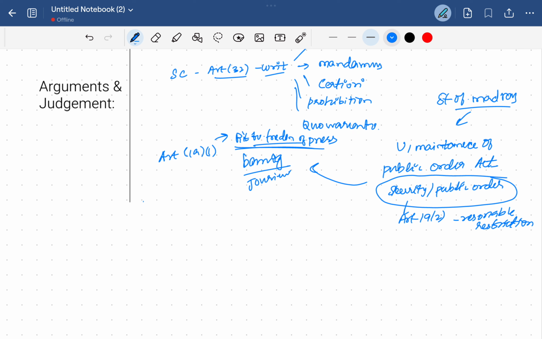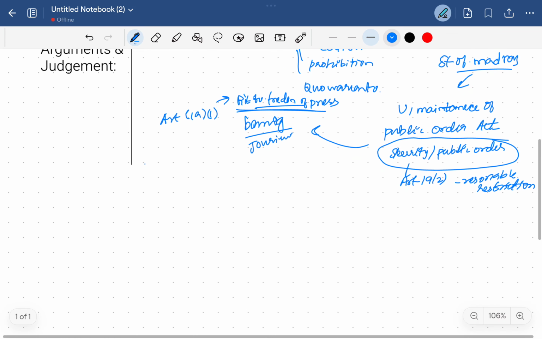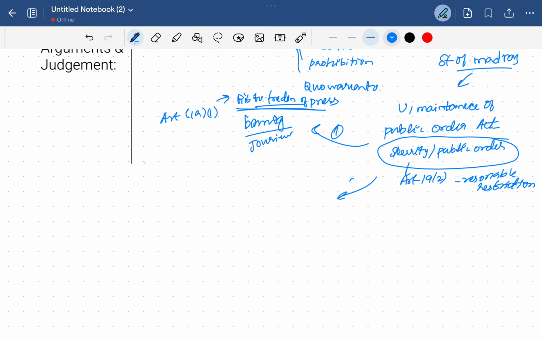So it upheld the fundamental right of Romesh Thapar. And the second matter which the Supreme Court addressed is that the State of Madras claimed that instead of going to the concerned High Court, that is the Madras High Court, Romesh Thappar directly went to the Supreme Court. It hurts the jurisdiction of the particular High Court.